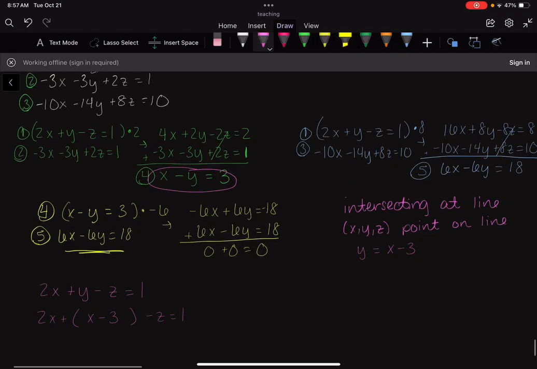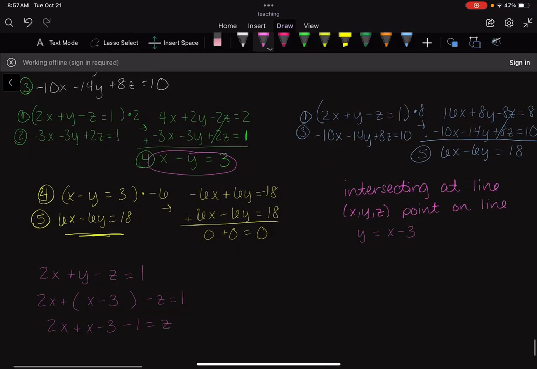And I'm going to solve this for z. I get 3x minus 4 equals z. So here's my final answer. And up above, I put it in set notation, but this would be okay as well.